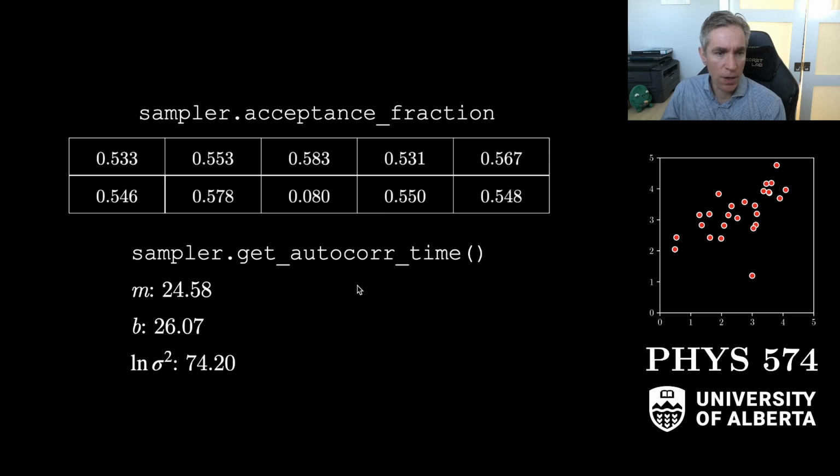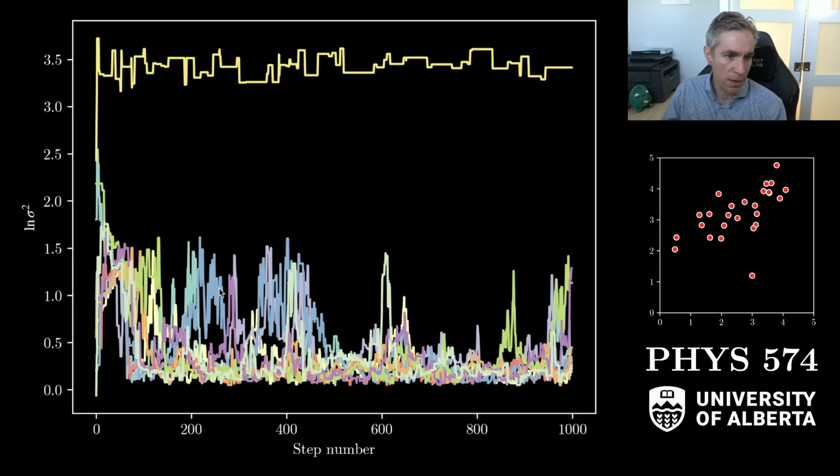We can also run the autocorrelation time here, and we get reasonable values for M and B. But you'll notice that for log sigma, it's showing you that this isn't being very effectively sampled. Part of that is because you have these large excursion points up here where, if it jumps up, it takes a little while to settle back down. And this is not contributing very effectively either.